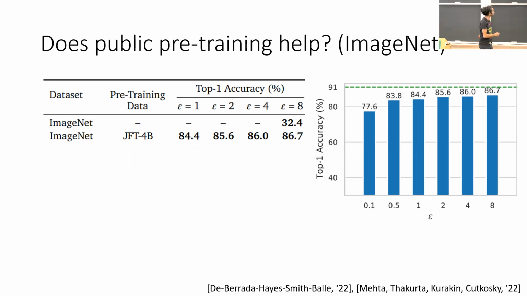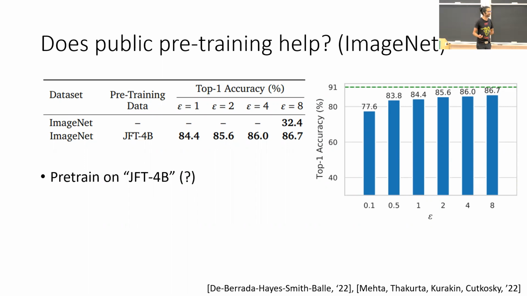But if you pre-train on some data set, which we'll talk about a bit more later, called JFT-4B, very mysterious, you can get up to relatively very high accuracies of like 86, 87%, even at very low privacy budgets. How many things can you do at epsilon equals 0.1? You can apparently learn ImageNet, which is one of the hard ML tasks, at 77% accuracy compared to 90, 91% non-privately. So you can see that by using this pre-training, we can get very close to the state of the art, even without privacy.